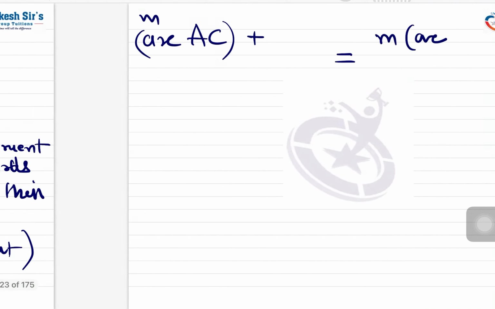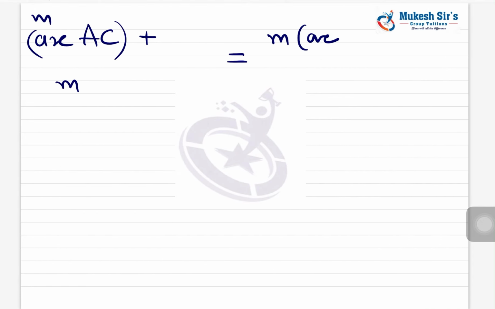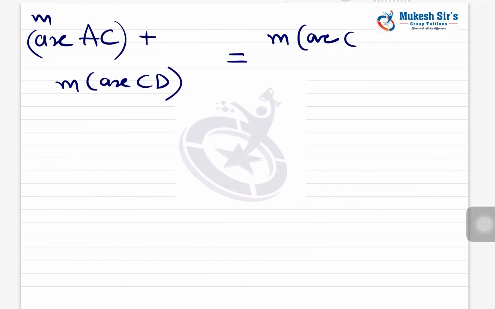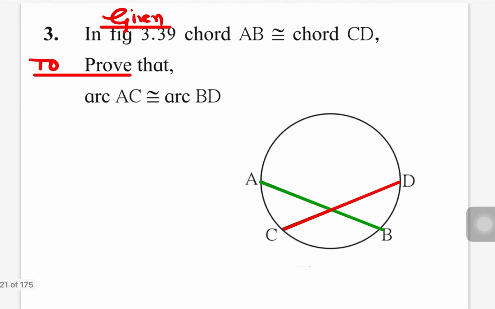AB is AC plus CB, and CD is measure arc CB plus measure arc BD. CB plus BD.